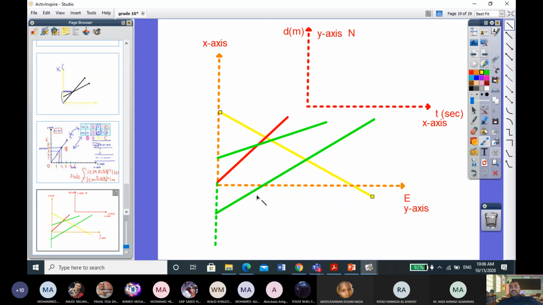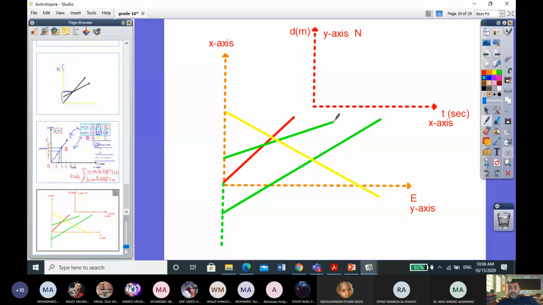So among all these vectors, who can tell me who is the farthest east from the origin? The yellow one. If this is A, this is B, this is C, this is D, who can tell me who is the farthest one?